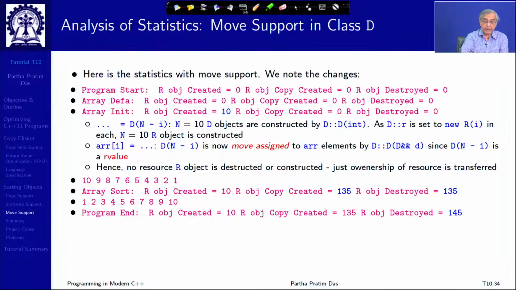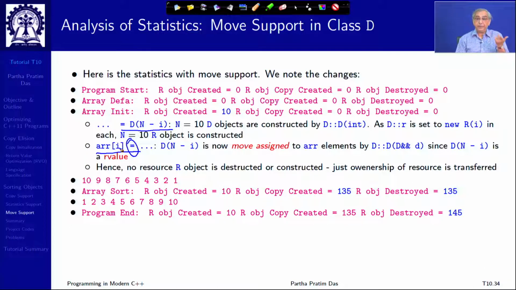It will impact in the sense that if I run the program again, when I am doing ARR[i] assigned d[n-i], d[n-i] is a constructed object and is an R value. So, in this assignment, it is not the copy assignment which will bind, it is a move assignment that will bind.